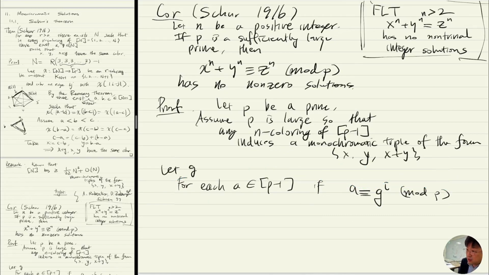So let g be the primitive root modulo p.